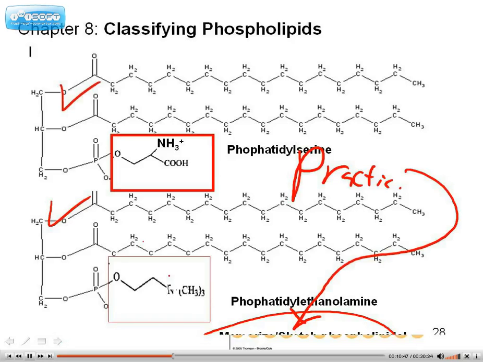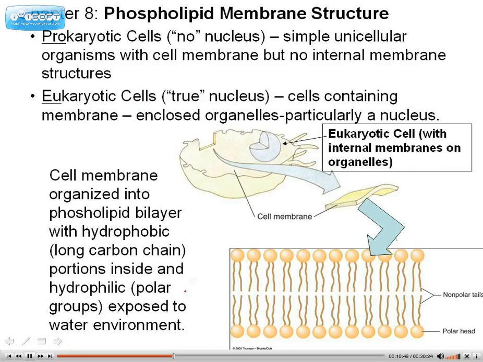We tend to find phospholipids, again, in cell membranes. They are made up of a double layer. So this is a double layer. Notice the tails are going to be facing on the inside. So the hydrophobic portion, or aka nonpolar section of the tails, will be on the inside.